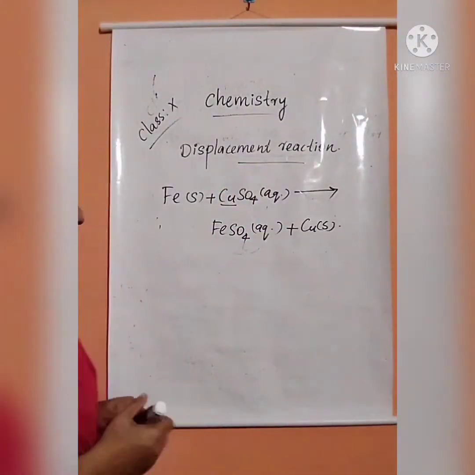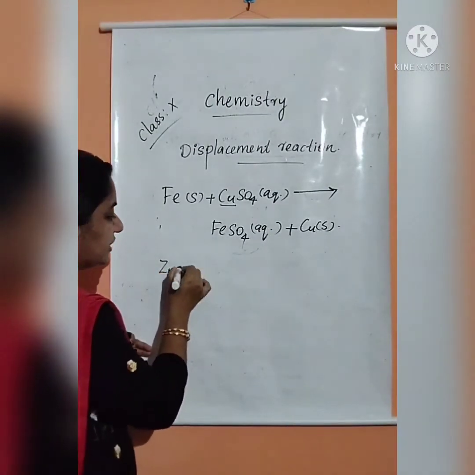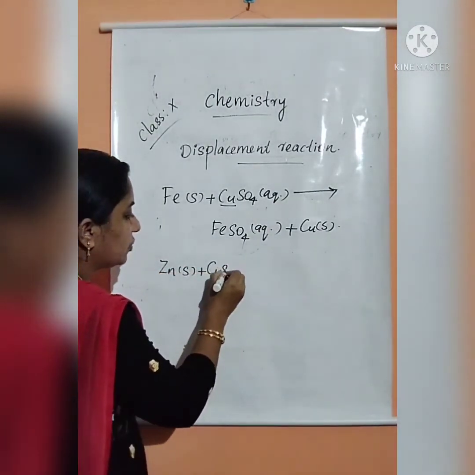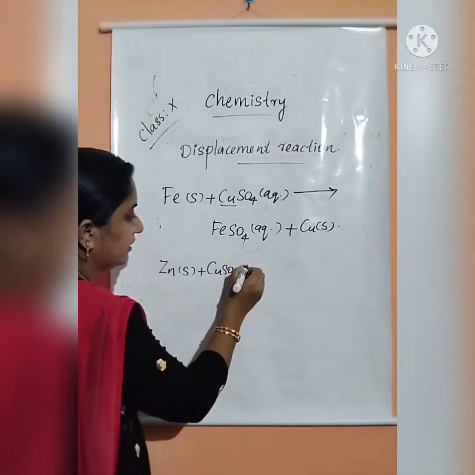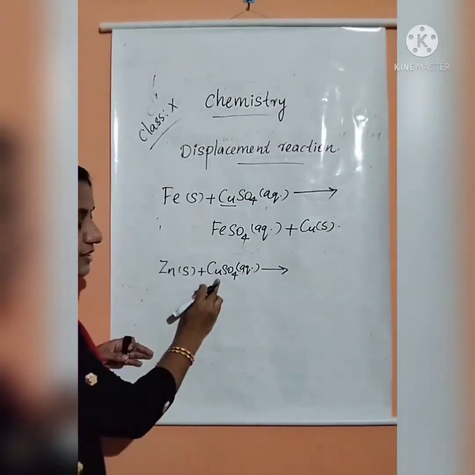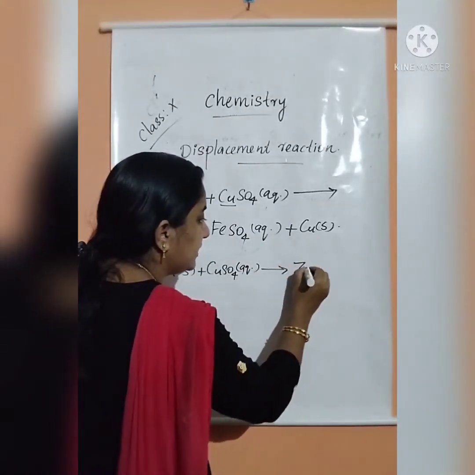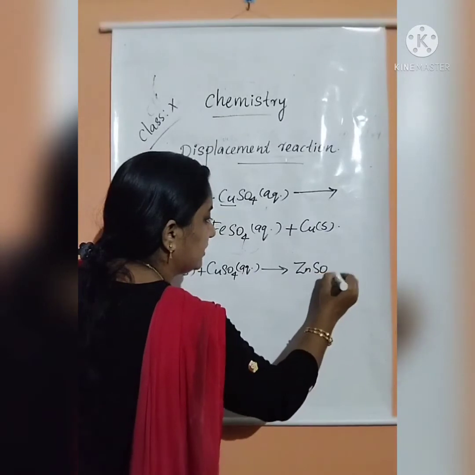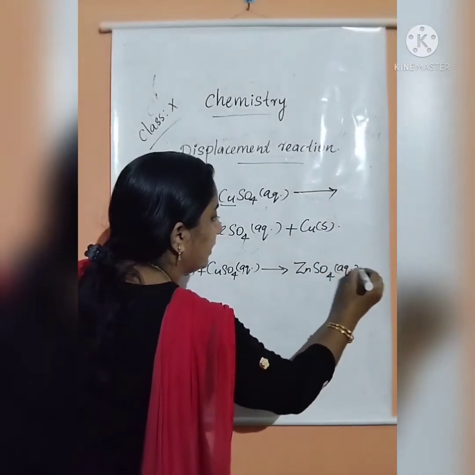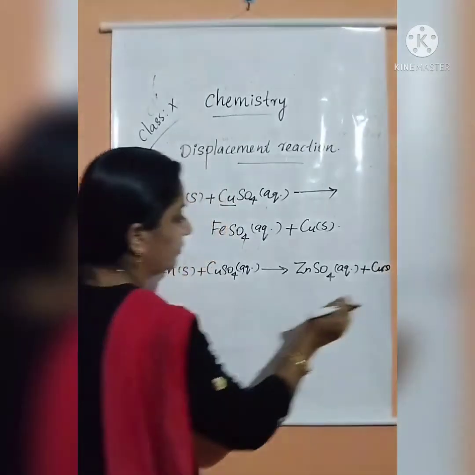Another example, zinc. Zinc is a metal that reacts with copper sulfate solution. Here also zinc displaces copper from copper sulfate solution, so zinc sulfate and copper are formed.